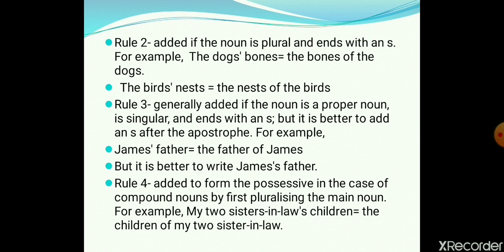Here my main noun is sisters, so we have to place the apostrophe where? After laws, not after sisters. Is it clear? You have to understand this, that in the case of compound nouns we add the apostrophe by pluralizing the main noun. Is it clear?